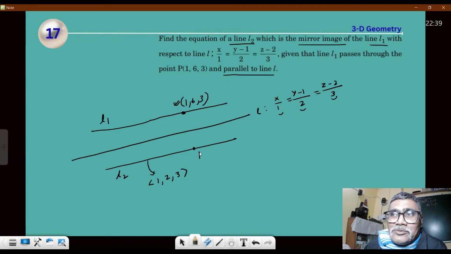Once you find this point, you can use the equation of a line passing through a given point and parallel to a given line. That is a very, very important problem. As I did the image problem just before this, I don't want to repeat the entire process. You just find the image of this directly and then find the equation of this line. This is really a very good problem. So please try to understand that.